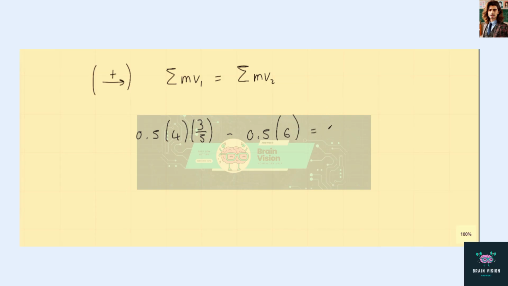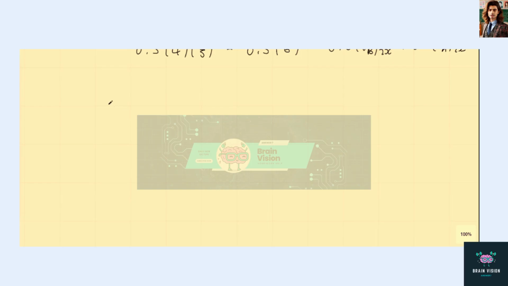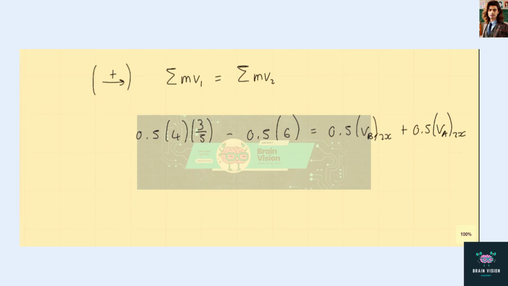After the collision, we have that disk B has momentum 0.5 VB2 in the x direction, plus the momentum of disk A, which is 0.5 VA2 in the x direction. And so essentially we have an equation there with two unknowns.